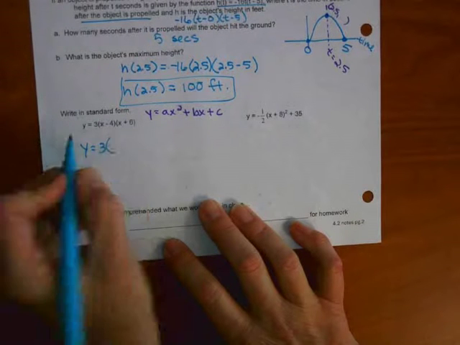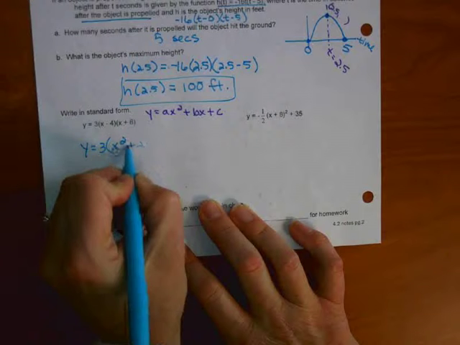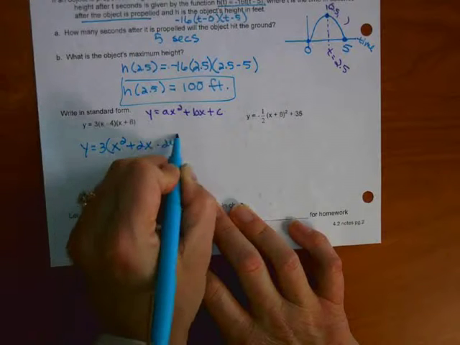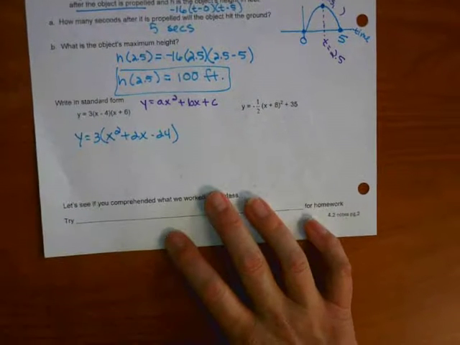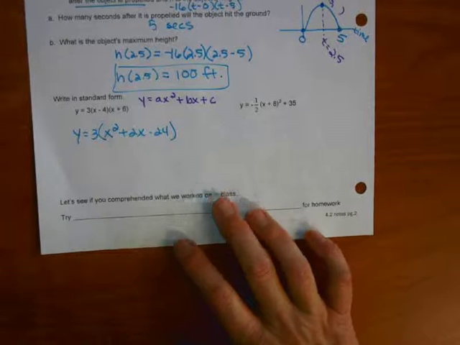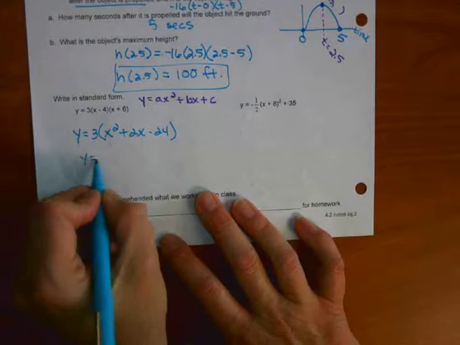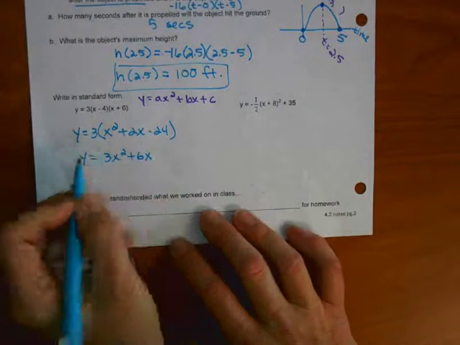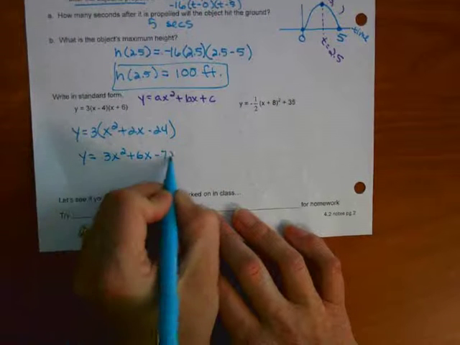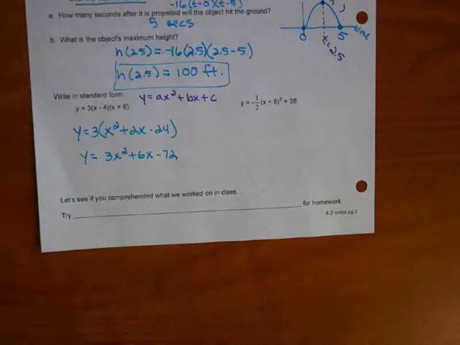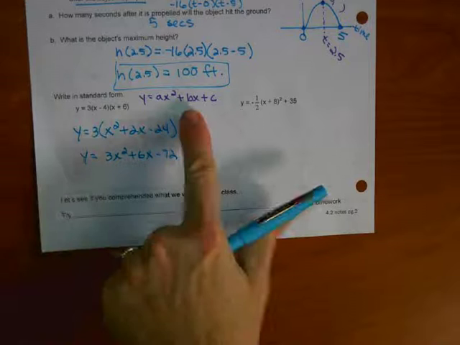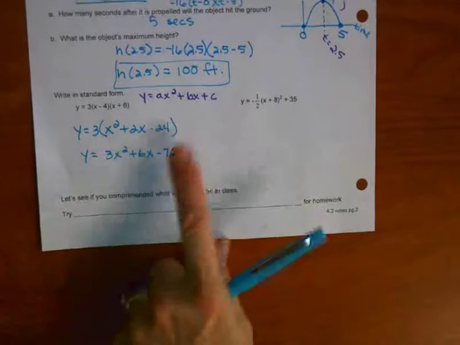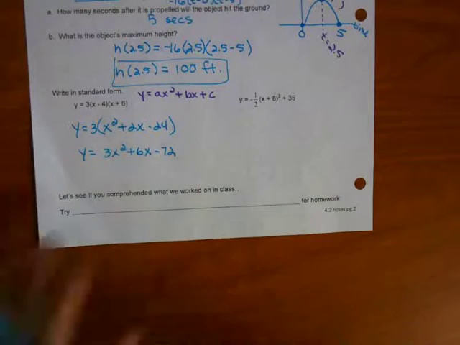This is foiling. If you're not solid with foiling, make sure you practice today. And then you distribute the 3. And you've got it in standard form. Yep. You have to do it so it looks like this form. It has to be in standard form. Okay.